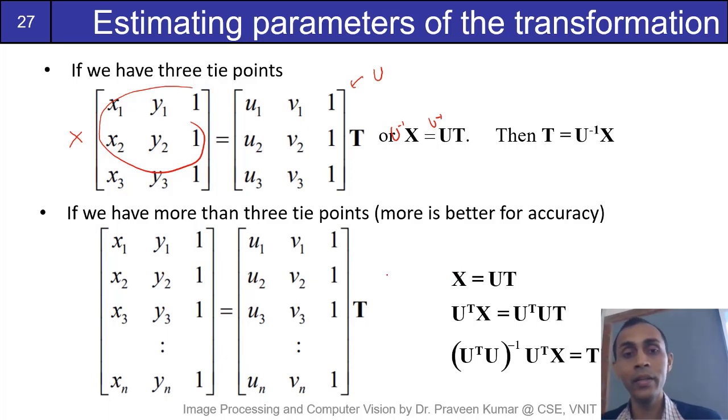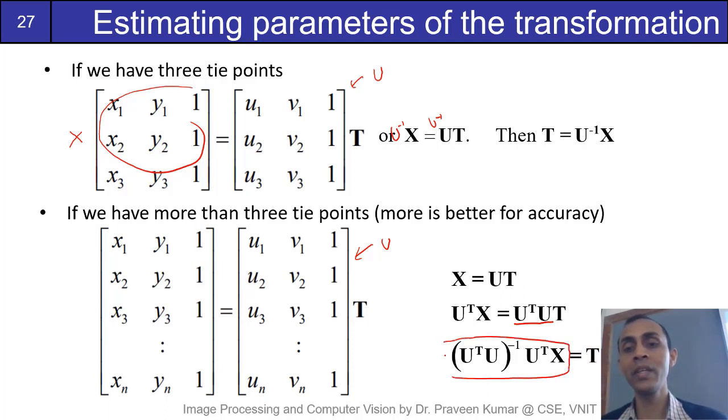Our U matrix is no longer square, so we first multiply by U transpose on both sides. Now U transpose times U becomes a square matrix, so it can be inverted easily. We take the inverse of U transpose U and multiply by it on each side, so here we'll just have T, and this solves it. This is basically called the pseudo inverse method. This is how we estimate our transformation matrix.